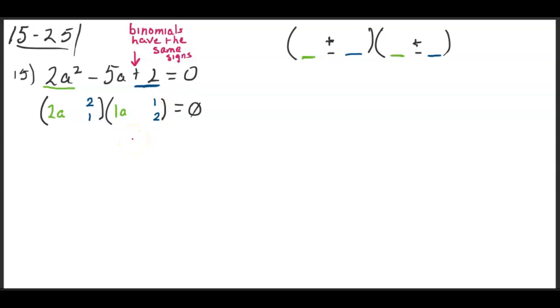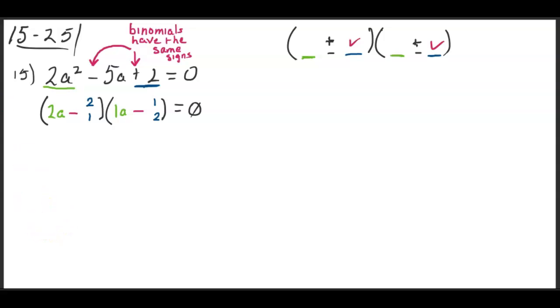Okay, how do I know that? Well, because remember that last term is the last term of the binomial times the last term of the binomial. And they're multiplied and they have to be positive. The only way you get a positive is if you multiply two positives or you multiply two negatives. Whenever I know that the binomials have the same sign, I know that the sign of the middle term of the trinomial is the sign that I need in the binomials. So there's a negative and a negative, okay?